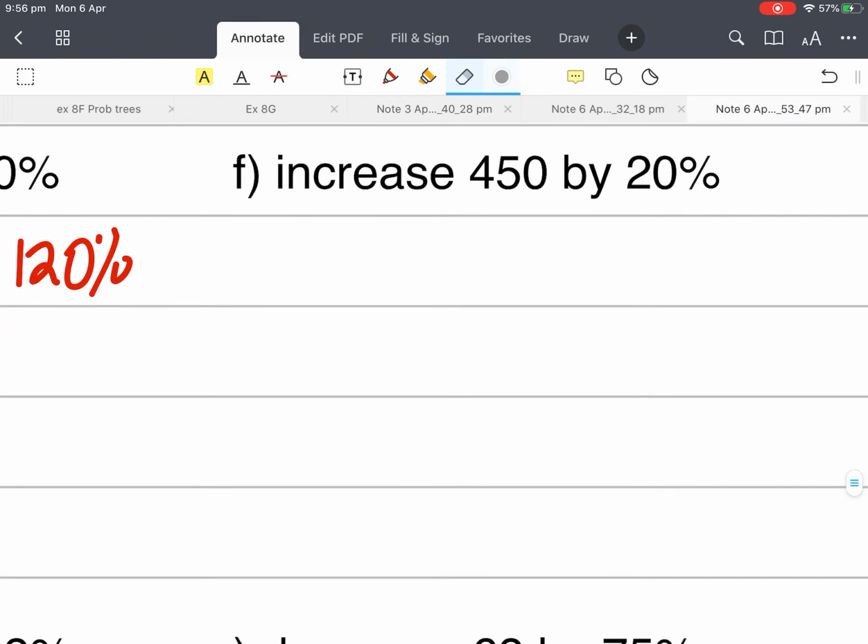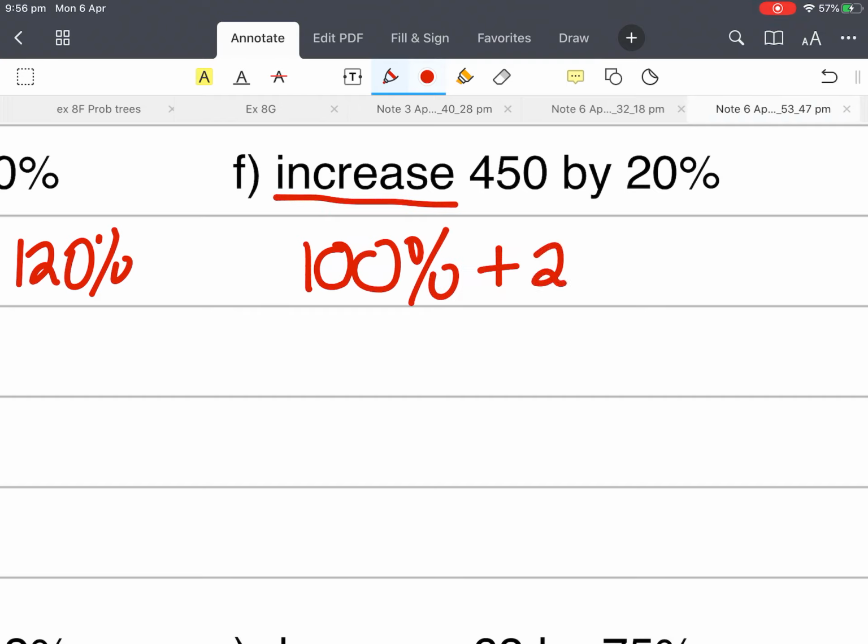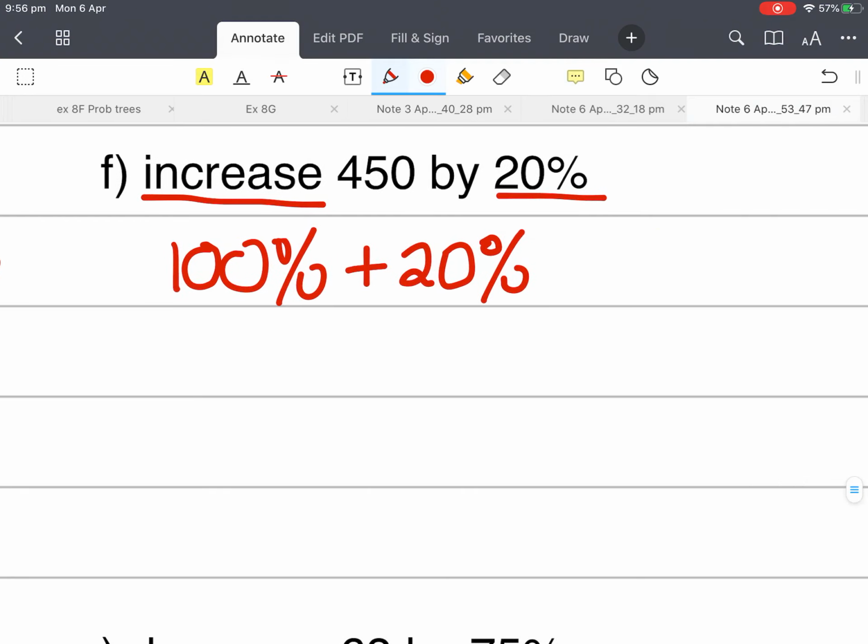Increase 450 by 20%. So again, let's do the percentage first. Starting with 100%, we are increasing, so we're adding, and the percentage in my question is 20, so I'm going to add on 20%. So 100 plus 20 is 120%. So now I do my second set of working.